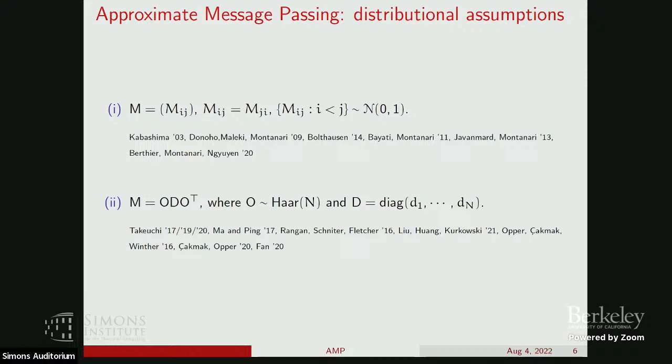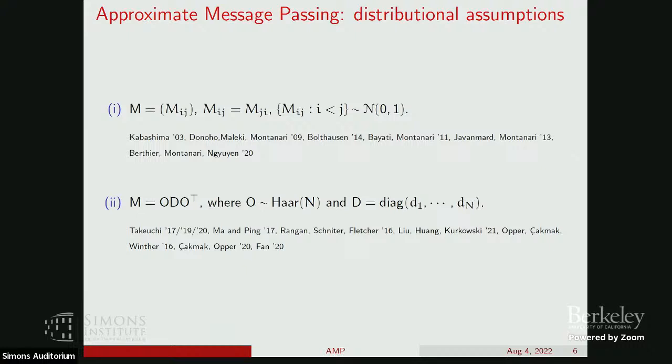In the Gaussian case, it converges to the semicircle law. So you can generalize and say, okay, I'll take M to be of the form O D O transpose. O will still be Haar, but D in this case will be a deterministic diagonal matrix. I'll assume that its empirical distribution converges to a limit. This need not be the semicircle law. This is a slightly more general setting than the symmetric Gaussian matrix ensemble.